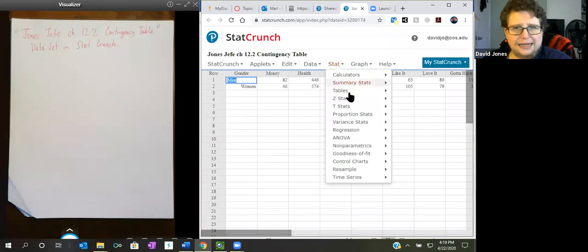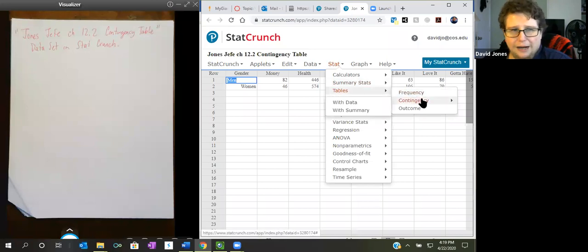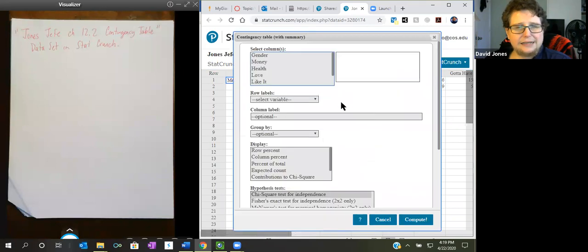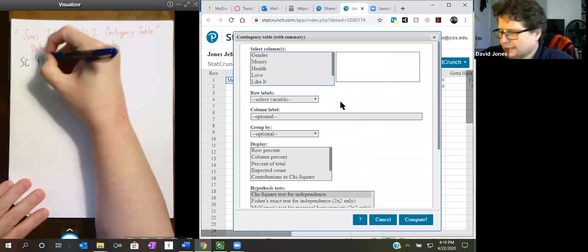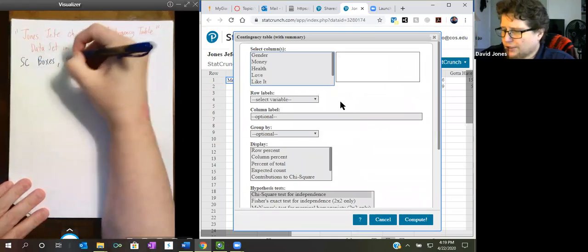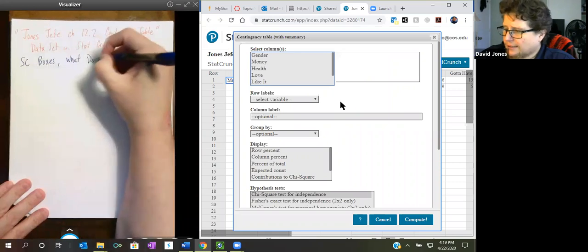And let's just look at that table and talk about our options: Stats, Tables, Contingency, With Summary. So the first box, it says, what do I choose? What do I select?